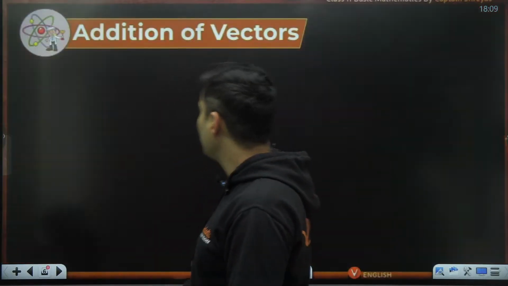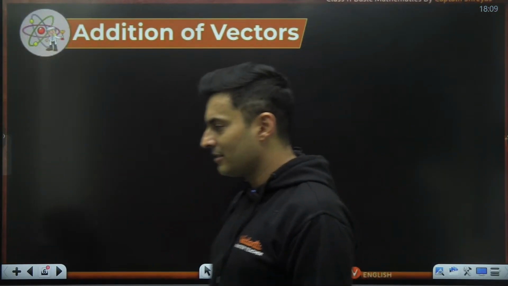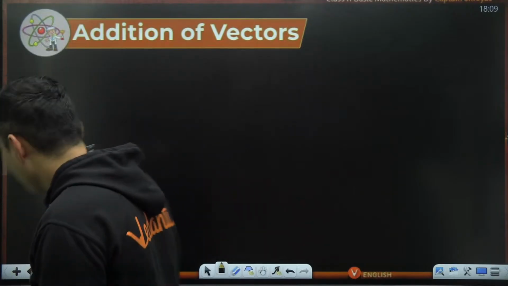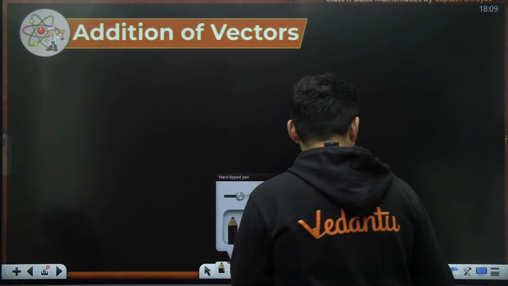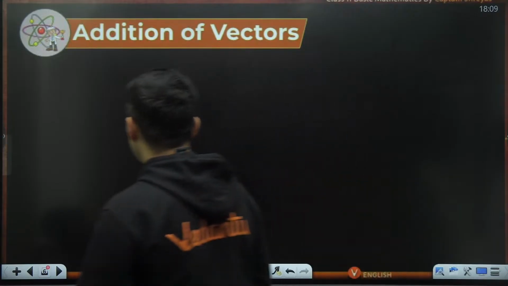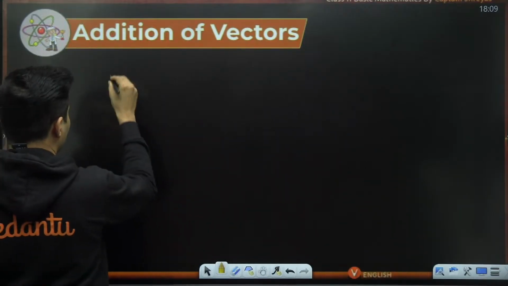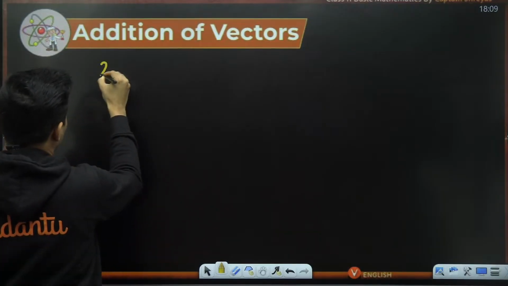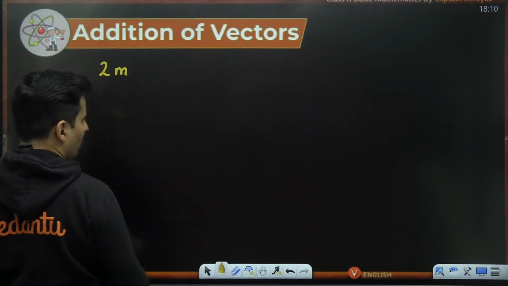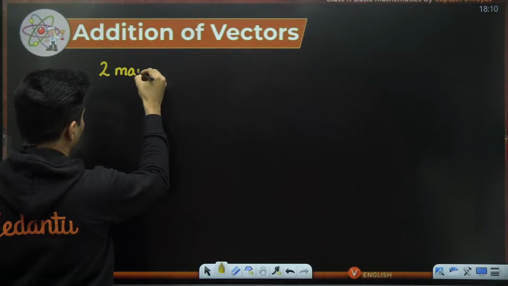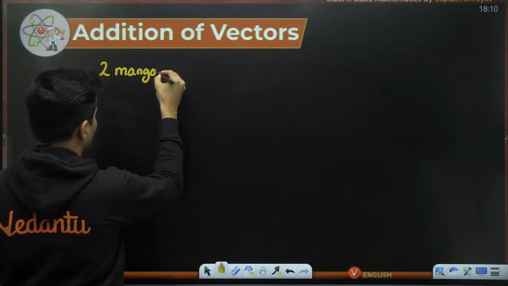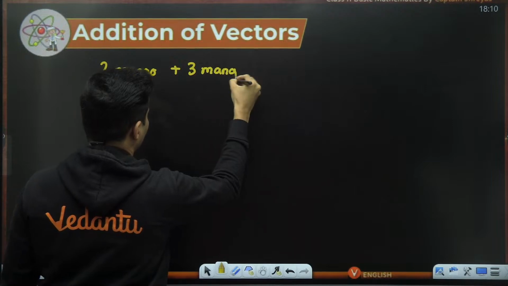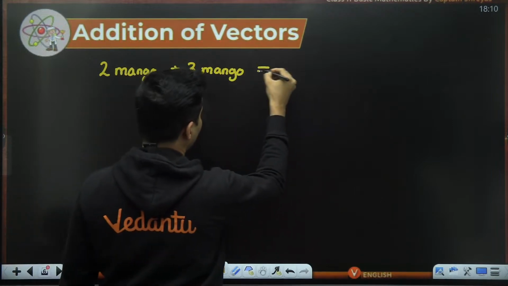So let's talk about addition of vectors and how it is different. See, guys, if I tell you there is one Pandu, and he has two mangoes, and then he ate three more mangoes, how many mangoes did he eat overall?